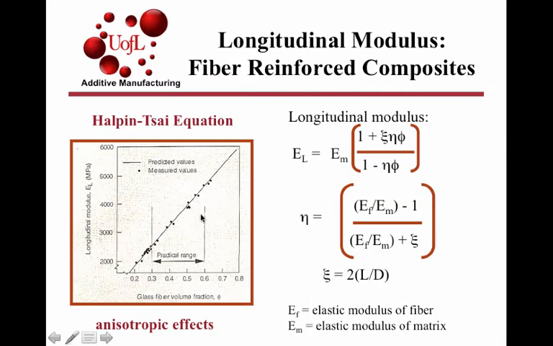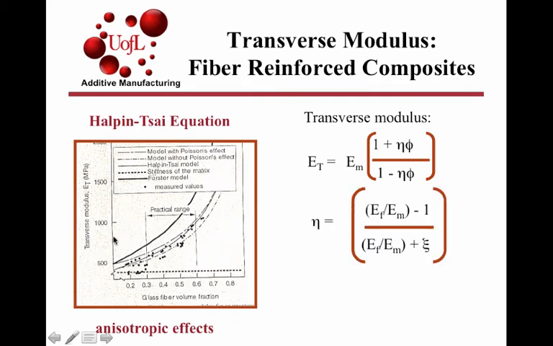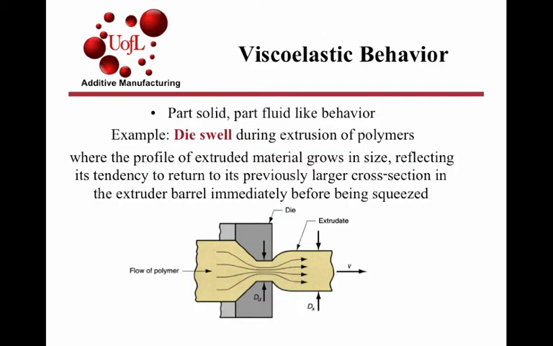And you can see for a given volume fraction, say 0.5, in the longitudinal direction it's over 4,000, and in the transverse direction it is lower than 1,000. That is the kind of anisotropy. Again, it depends not only on the matrix modulus, but also the volume fraction of the fiber and the shape of the fiber. So to recap, thermoplastics show a combination of elastic behavior, as we saw earlier, and viscous behavior for fluids that we saw when we looked at rheology.